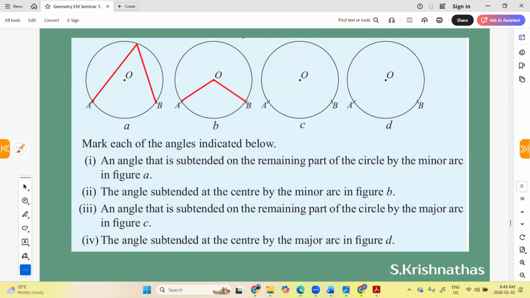The angle that is subtended on the remaining part of the circle by the major arc. Students, the major arc subtended angle is at the remaining part of the circle. Then the major arc subtended angle at the center. All of you check one more time.